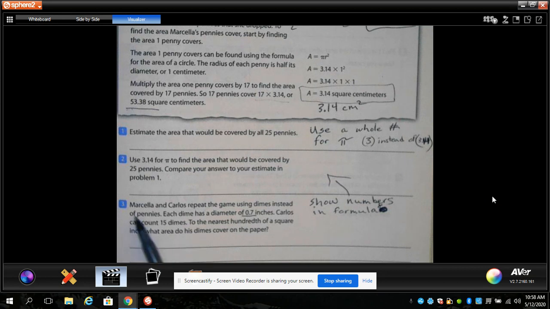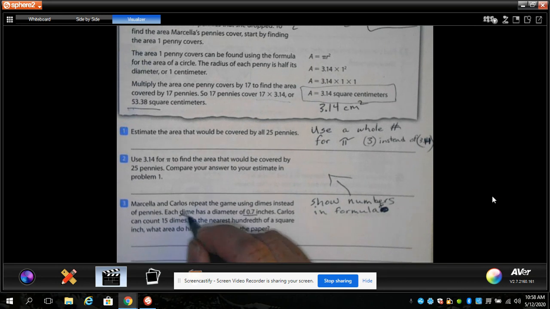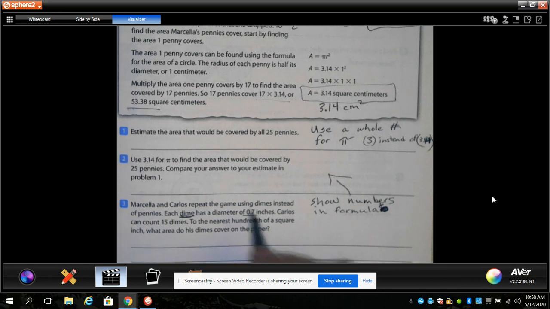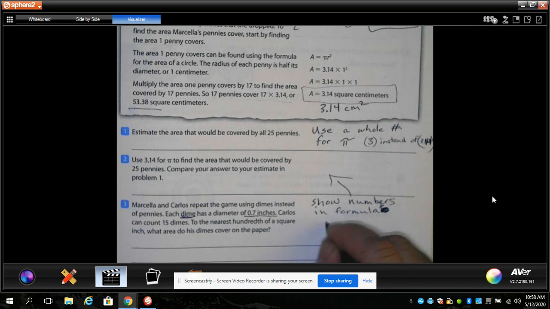In number 3, it looks like we're using dimes now instead of pennies. A dime is a bit smaller, and they're using 0.7 inches. So we changed our unit of measurement as well. Again, you need to remember that for the area, it's pi r squared.